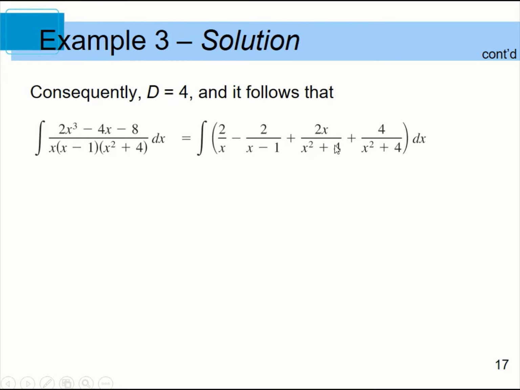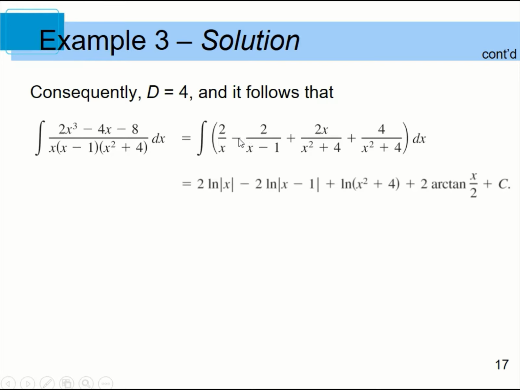Now we can actually integrate this. Integrate 2 over x, what do we get? We get 2 ln x.